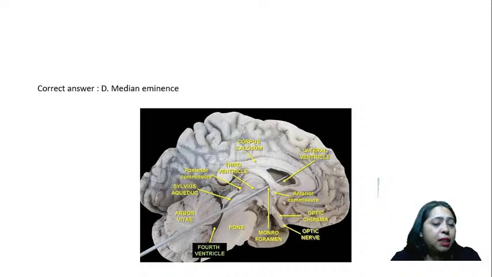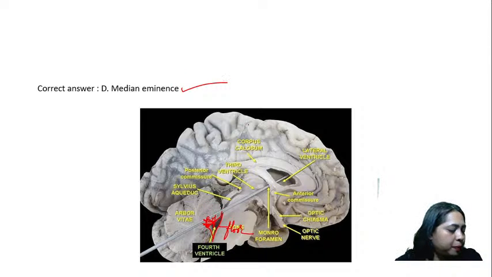Okay, so the answer is median eminence. See, this is the superior medullary velum and the inferior one. And where is the roof? This is the roof. This portion is the roof. This is the floor. This is the roof. So this is nothing but the median eminence.